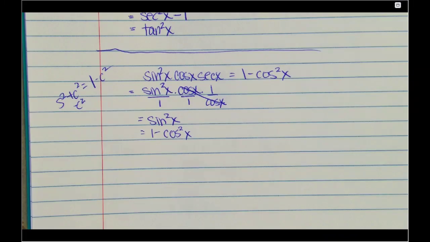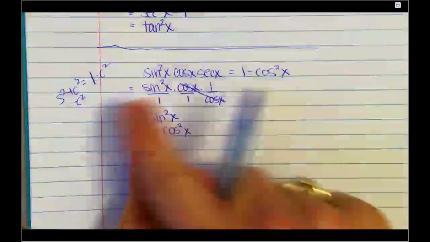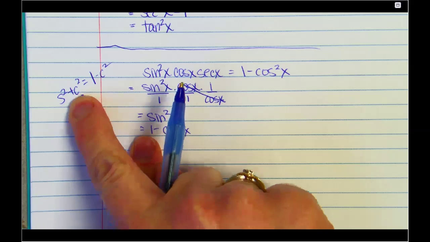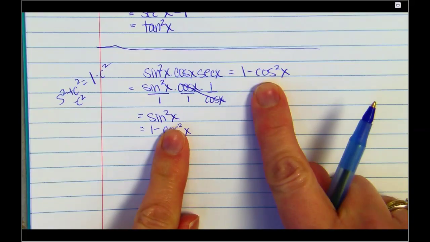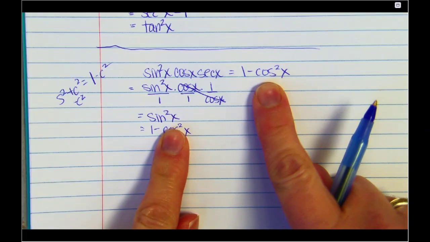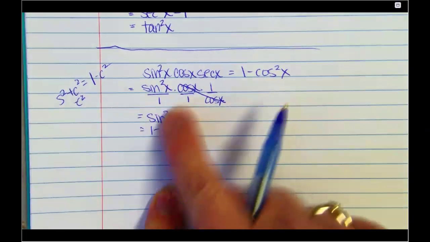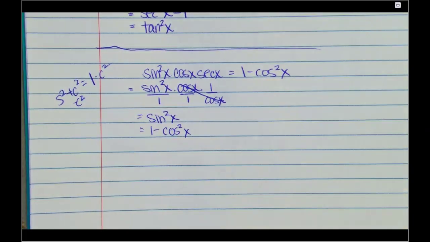Anything on that sheet that you have, you are allowed to rearrange and substitute, always. I got a sine and a cosine and a 1, so I know it has to be that. Just rearrange it so that sine squared substitutes out for that. You're done.